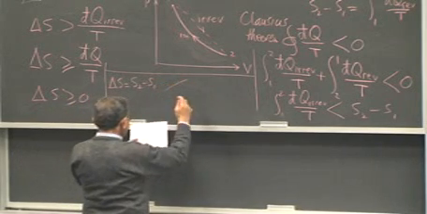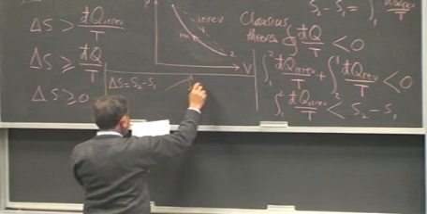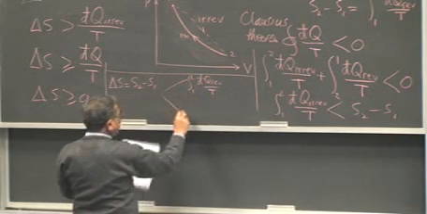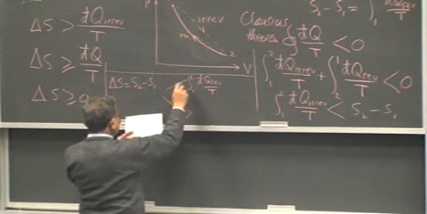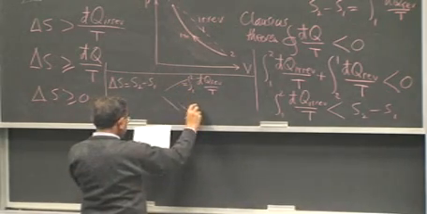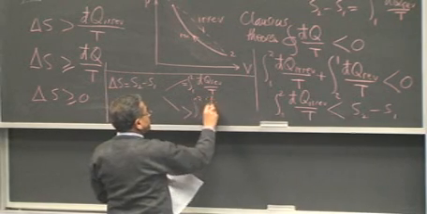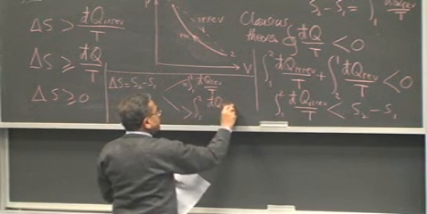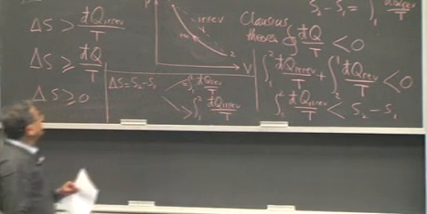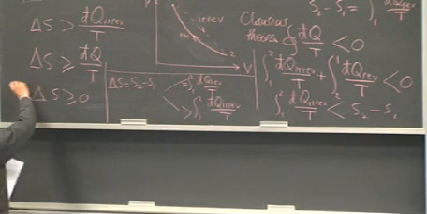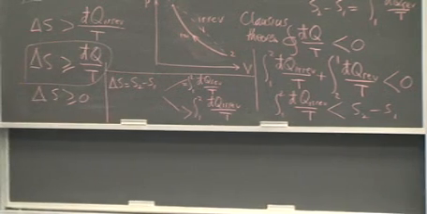One is the integral from 1 to 2 of dq reversible by T, and this is equal to delta S, and it is greater than the integral from 1 to 2 of dq irreversible by T. That is what I wrote in the general case, where the equality holds for a reversible process and the inequality holds for an irreversible process.